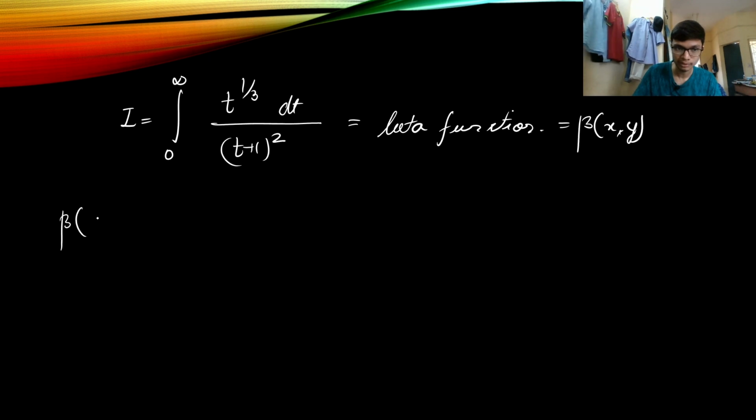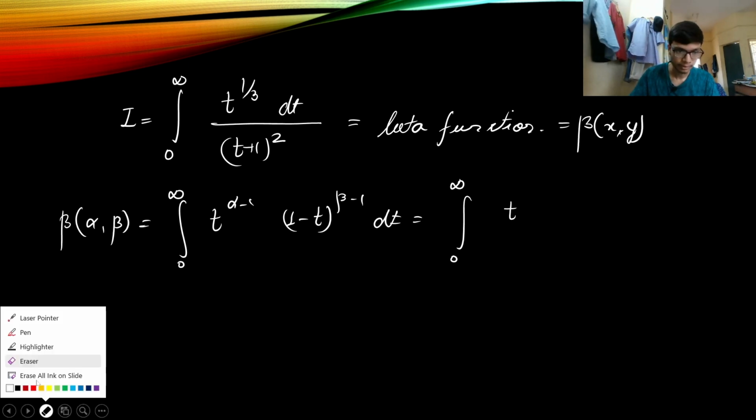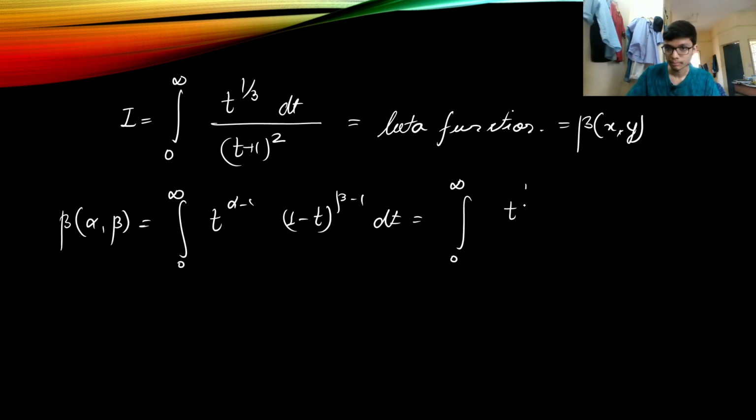We know that beta of alpha comma beta is the integral from 0 to infinity of t raised to the power alpha minus 1 divided by (1 plus t) raised to the power alpha plus beta, dt.